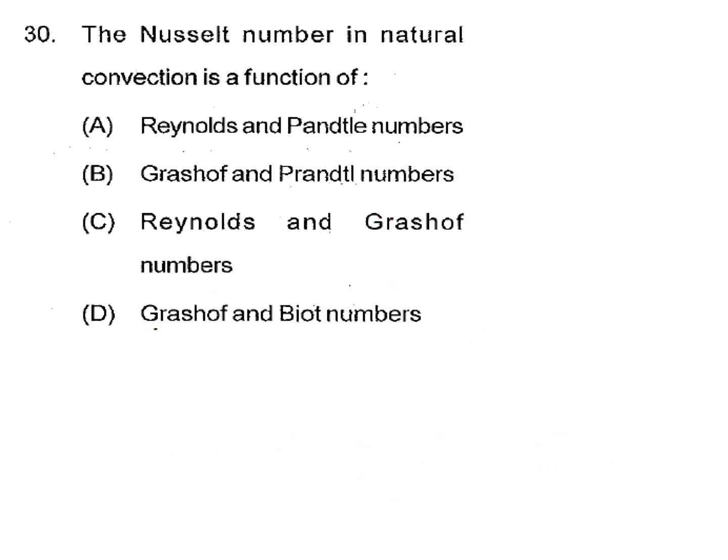This question is very, very important. Nusselt number for free convection or natural convection and for forced convection, so both values we have to know. Nusselt number is a function of Reynolds number and Prandtl number for forced convection. So it's very, very important for all exams.